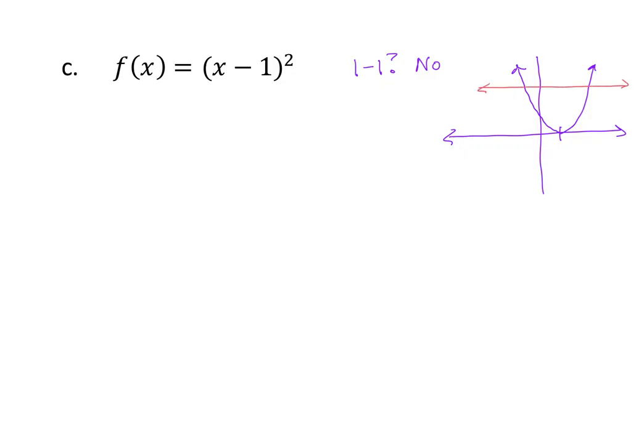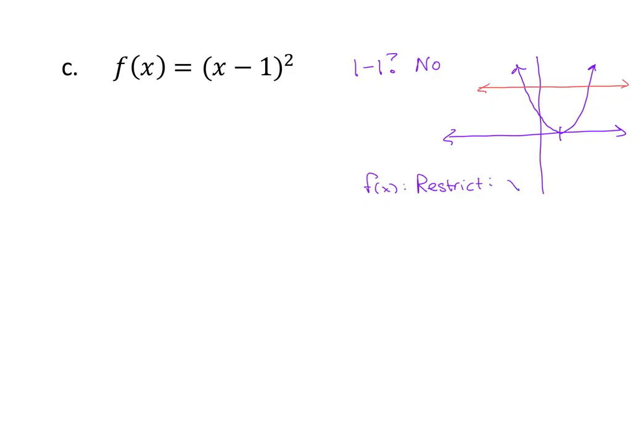Now that doesn't mean that we just throw it away and say it can't be done. What we can do is restrict it. And so what I'm going to do is restrict my domain to just the right side of my parabola.